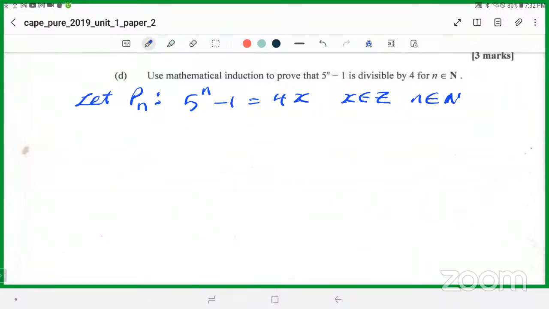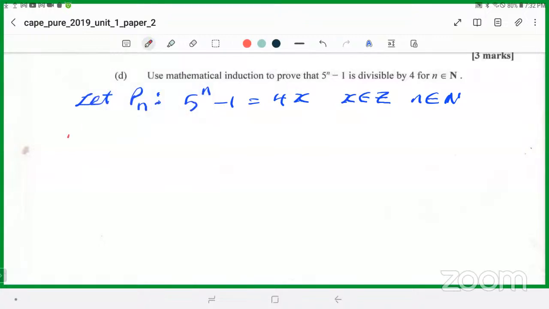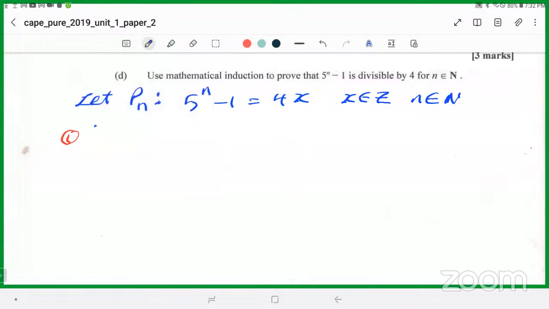That's our statement. Same process again. Step 1 is to prove that it is true for n equals 1. We just plug in the 1 in there and show it equals 4 times something.